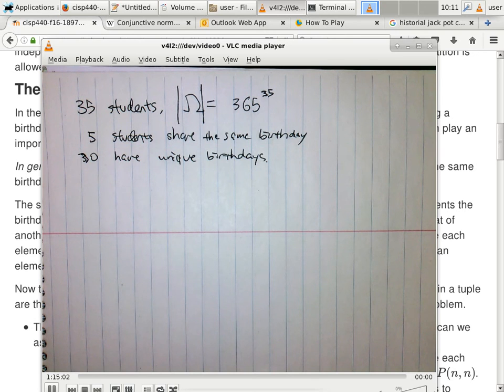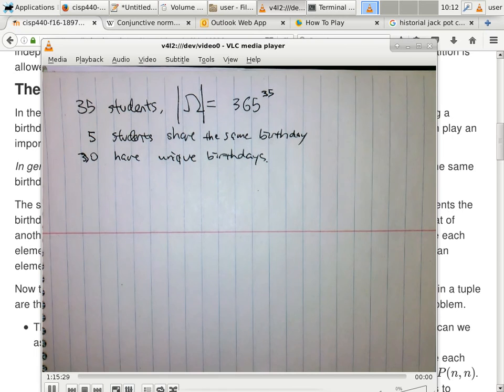So now what do we do about this? There are several ways to look at this. If you read the notes, there are several ways to look at this. So the first way we can look at this is, how many unique birthdays are we talking about amongst these 35 people? We have 31 exact birthdays, right?